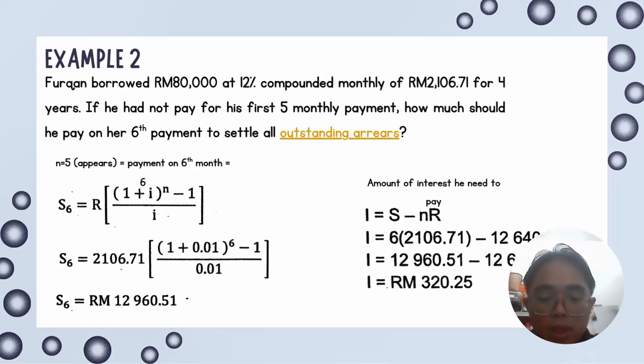How much outstanding arrears does he have at the 6th payment? We use the future value to calculate how much he must pay for the outstanding arrears, and then calculate the interest that he needs to pay for it.